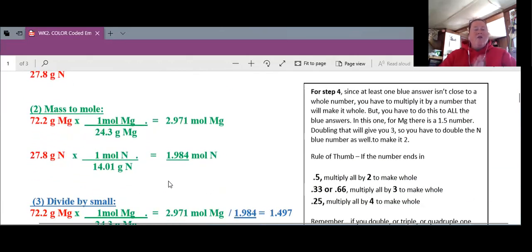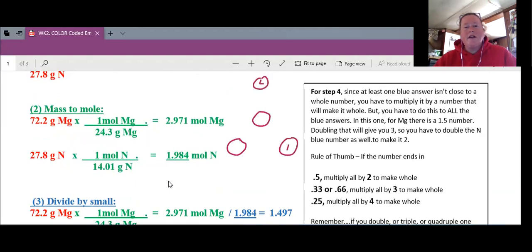So now what we need to do is use the roadmap to calculate mass to moles. On the roadmap, the mass value was down in this corner, and the moles was up here, and then we had liters up here, and we had particles down here. So we had mass, we have moles in the center.